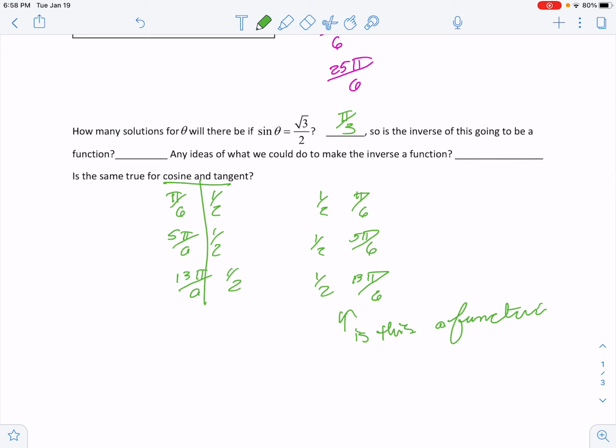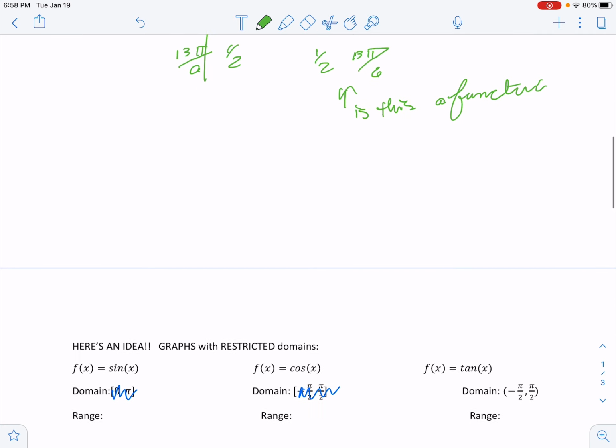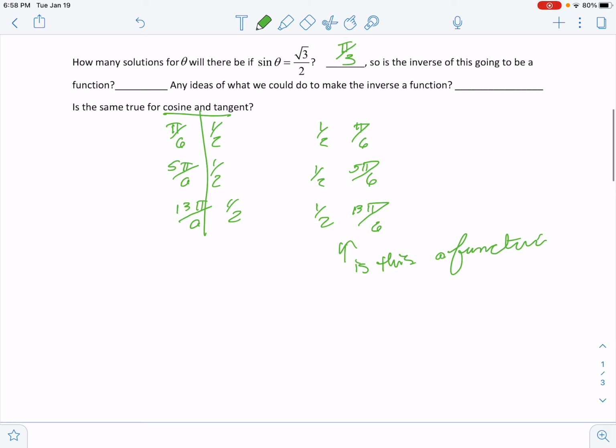So our goal today is to make sure the inverse of our function is a function itself. The way I like to think about this is that the sine graph starts here and goes like that. If you turn it on its side, it's still going to go through 0, 0, and it's going to go up the graph like this.